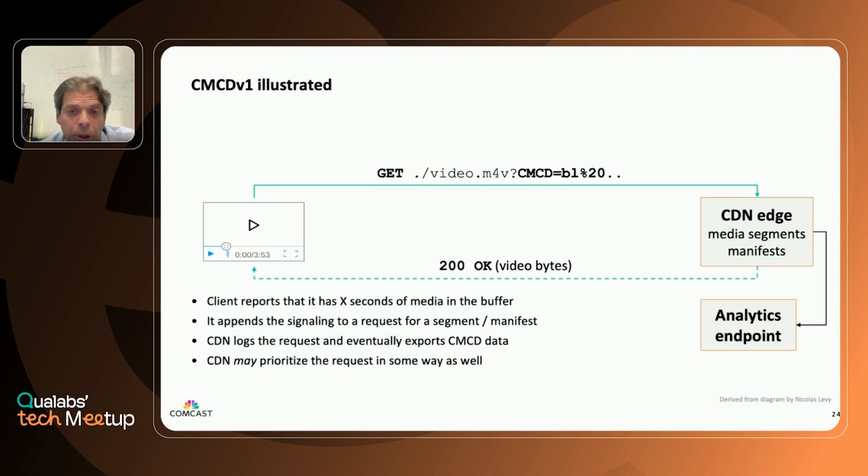There are other possible uses for this. I think originally the thought behind BL was maybe the CDN can optimize for people who have very low buffers, so they're very likely to rebuffer soon. But I think it's far more useful for analytics.